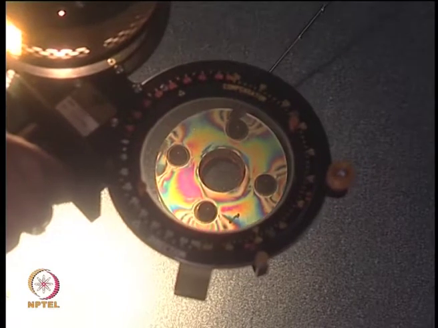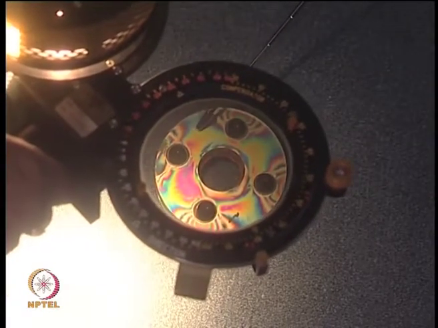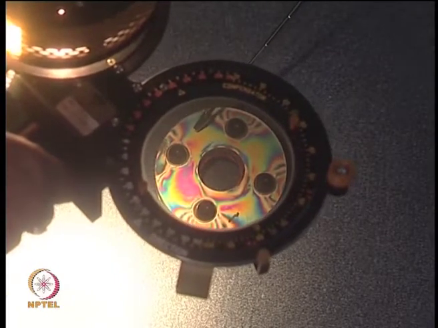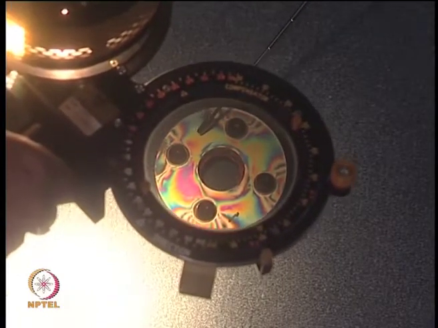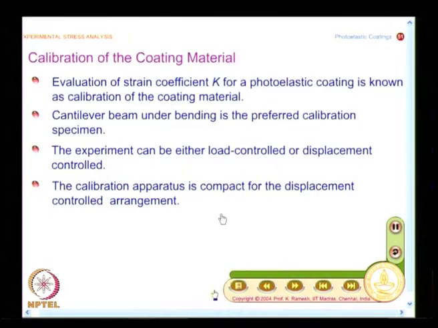These are all very complex problems from an analytical modeling point of view, and photoelastic coating can really reveal rich information for such complex problems.